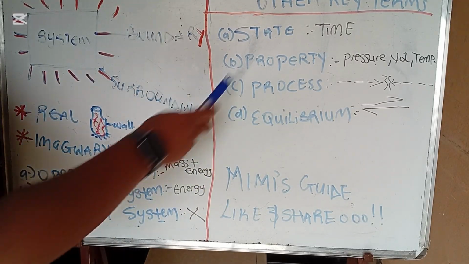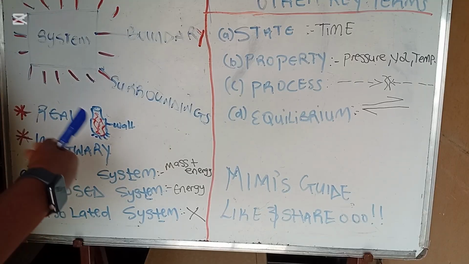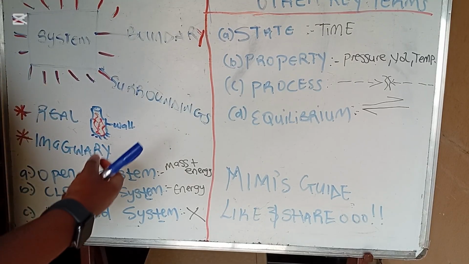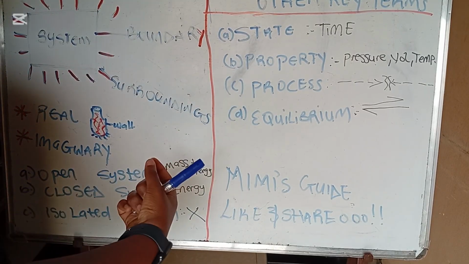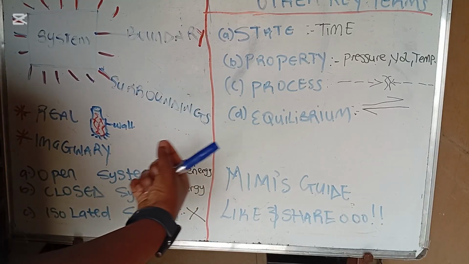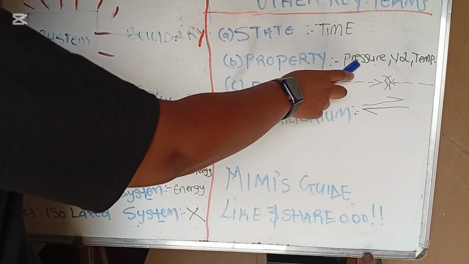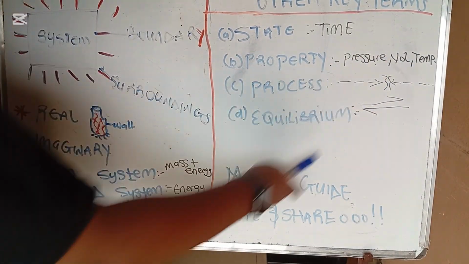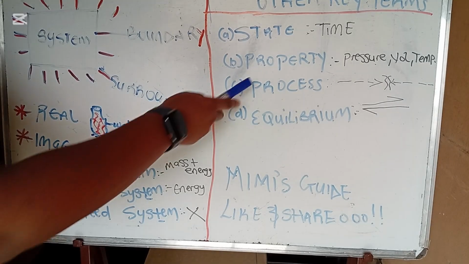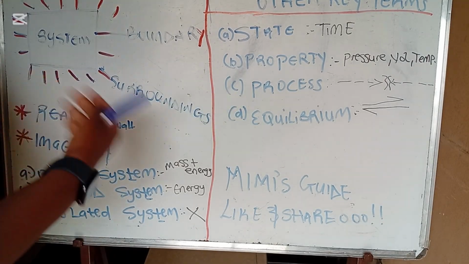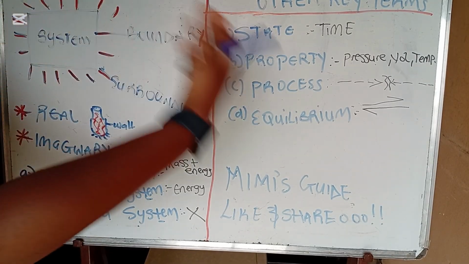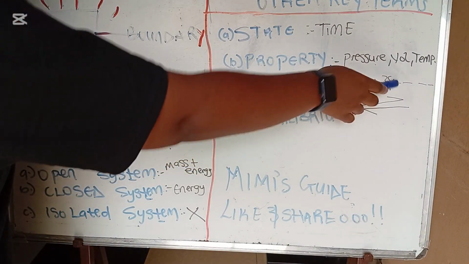Then number two, we have property. Property is basically the quality or characteristics that a system has. What are those unique qualities, those unique characteristics? We have pressure, we have volume, we have temperature. Then number three, we have process. Process is basically the path from one state to another.